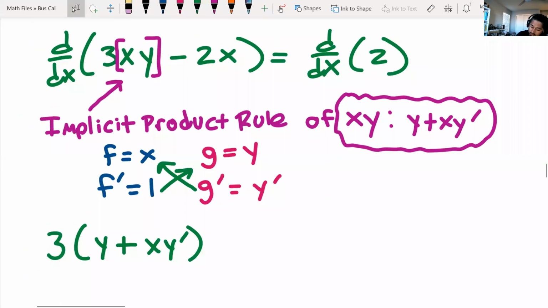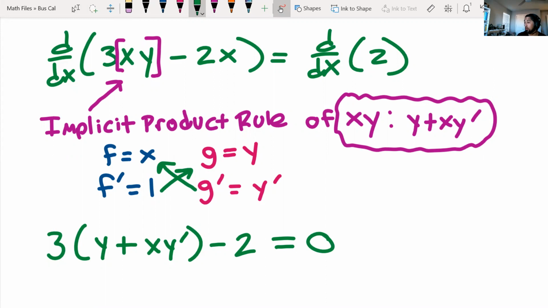Okay, moving on. We now have the implicit product rule derivative of x times y, which means we continue on and take the derivative of negative 2x, which is negative 2, and the derivative of 2 is just 0. Implicit derivative is done.